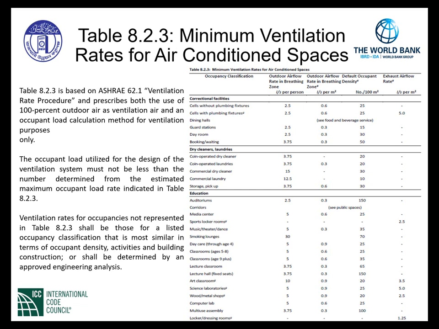The occupant load utilized for the design of the ventilation system must not be less than the number determined from the estimated maximum occupant load rate indicated in Table 8.2.3. Ventilation rates for occupancies not represented in Table 8.2.3 shall be those for a listed occupancy classification that is most similar in terms of occupant density, activities, and building construction, or shall be determined by an approved engineering analysis.